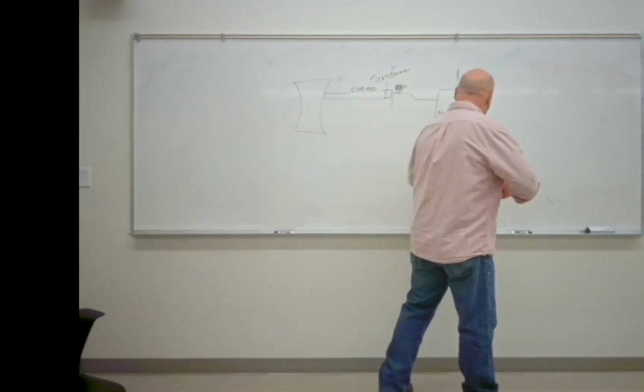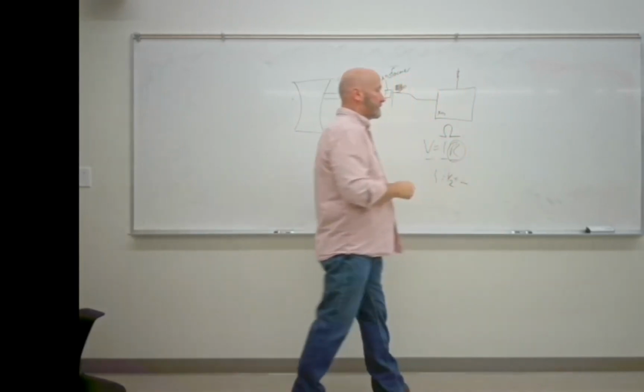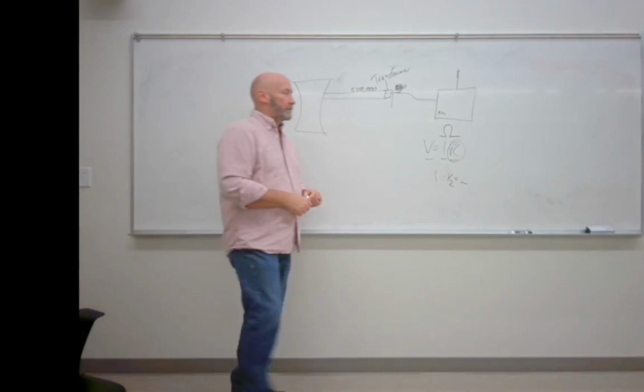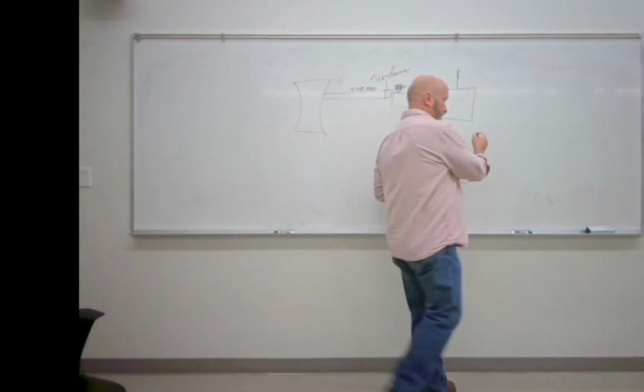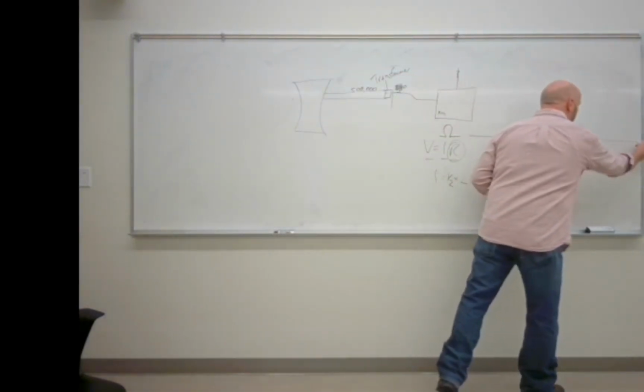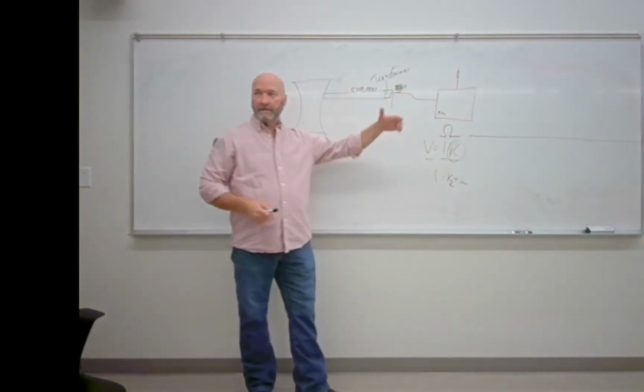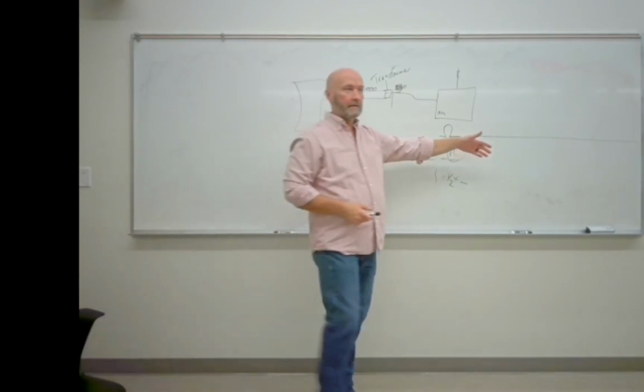Okay, so how do we change resistance? There's a number of different ways. One is, I talked about it a minute ago, we have a wire that's 100 feet long, we're going to have a specific resistance, right?